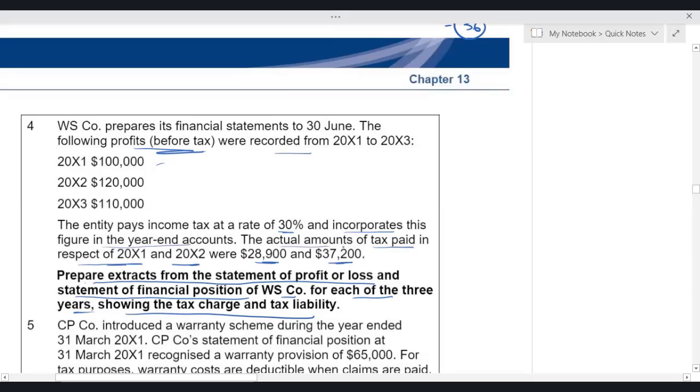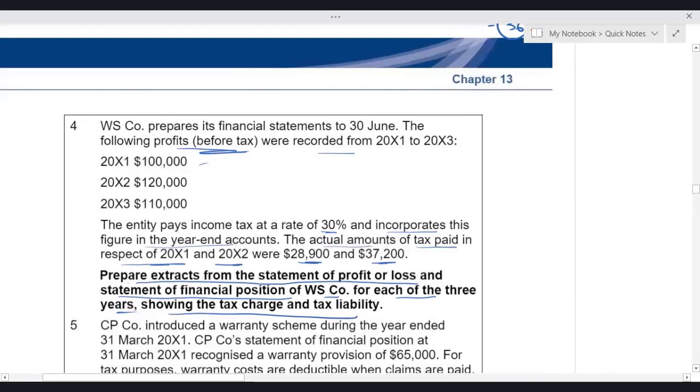Okay. Now please try to understand. 2000 X1 multiplied by 30%. WS prepared its financial statement. The following profit before tax were recorded. If I take 30% of 1 lakh, it is 30,000. Now try to understand.